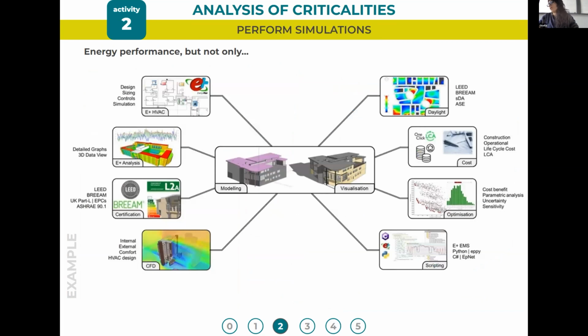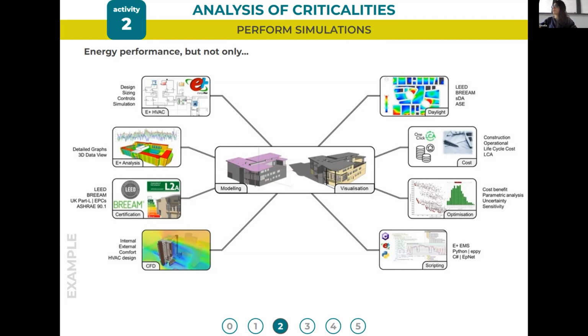Going on, software for simulation is evolving in very different forms, with even more possibilities to analyze not only energy performance, but also other aspects that are more related to the environment or to other kinds of certification, or, for example, to connect with very important environmental objectives, such as the calculation of life cycle assessment.